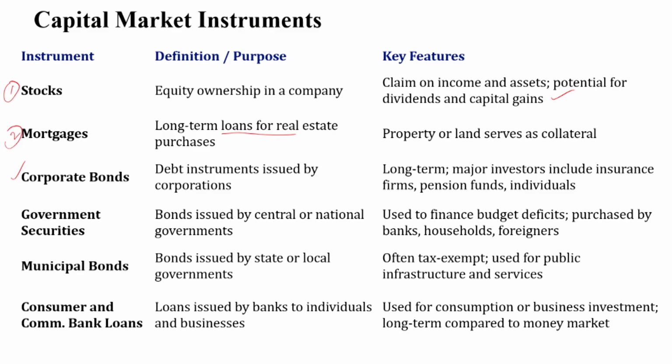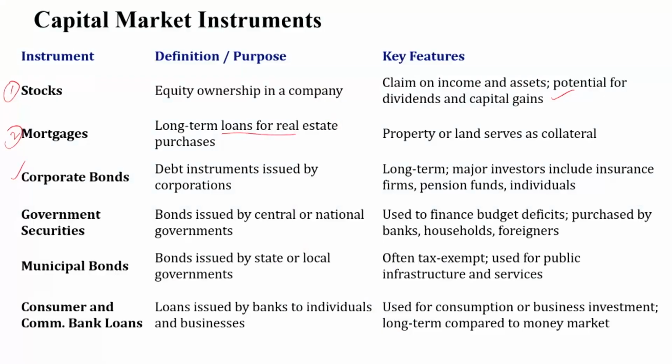In the case of commercial paper, they raise funds to meet short-term financial requirements. But corporate bonds are long-term in nature and are popular among institutional investors like insurance companies and pension funds. Individual investors also invest in these for stable returns.